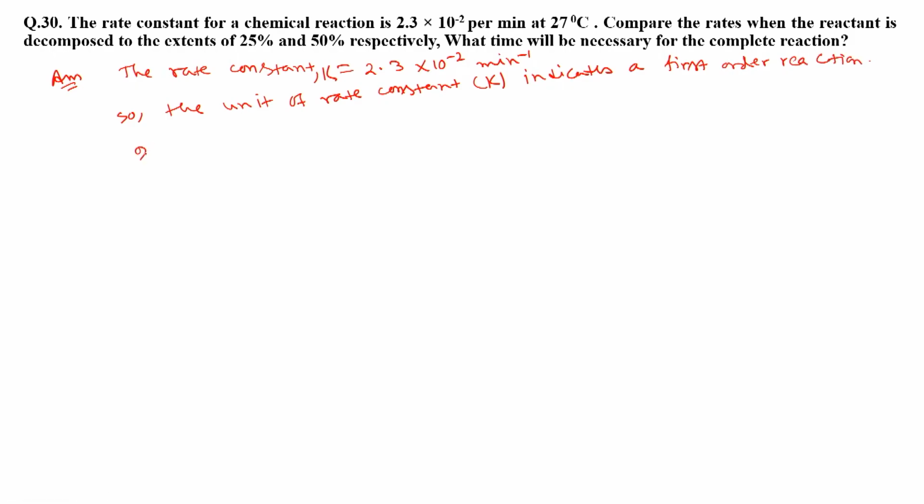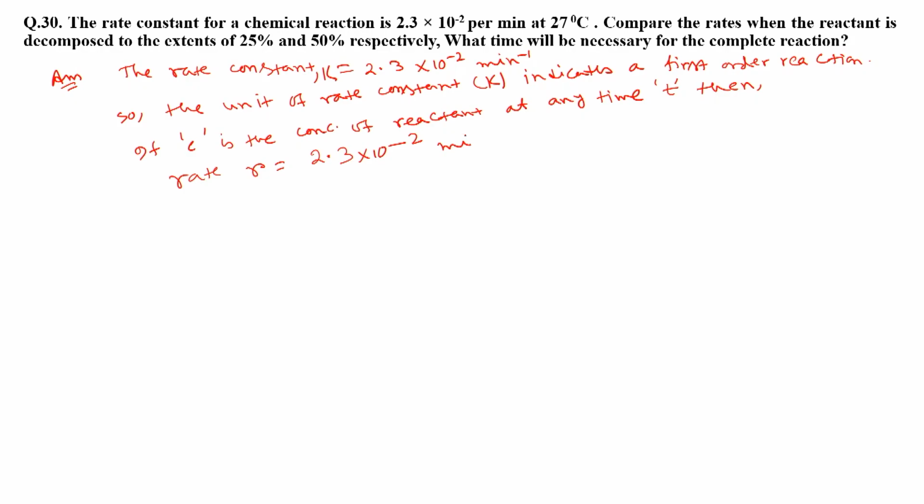So if C is the concentration of a reactant at any time t, then the rate R is (2.3 times 10 to the minus 2 minute inverse) times C.